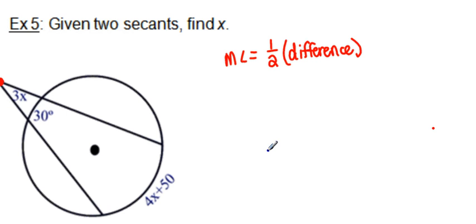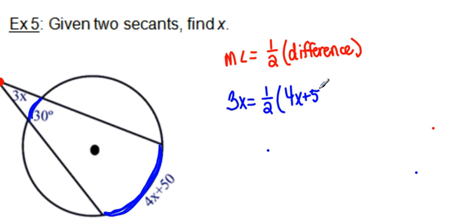So if I go to the picture and look for his two arcs, there's one in blue, there's the other one in blue. So 3x, the measure of the angle, is going to have to be equal to half of the difference. 4x plus 50, subtract the smaller arc, 30.